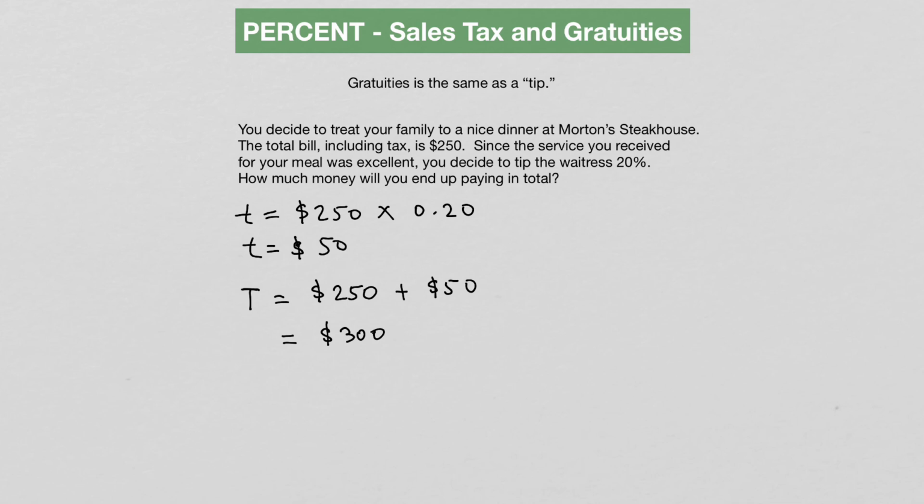A very expensive meal. So again, this is a two-step process. Step number 1, calculating the tip amount. And then step number 2, adding that to the total bill.